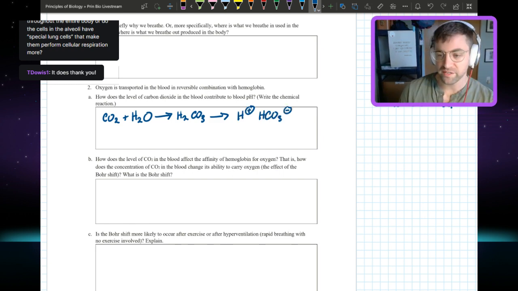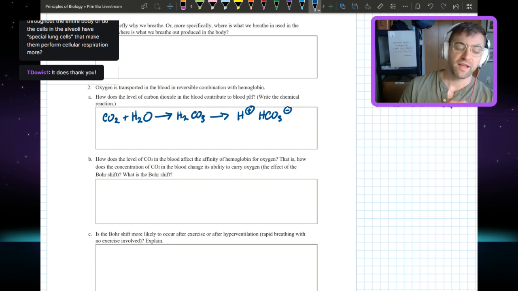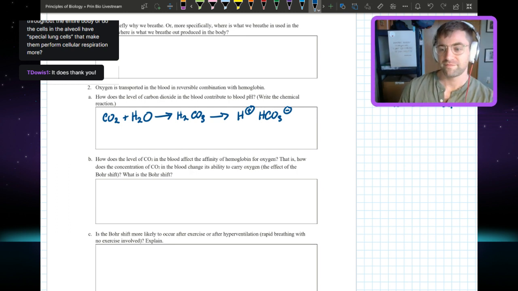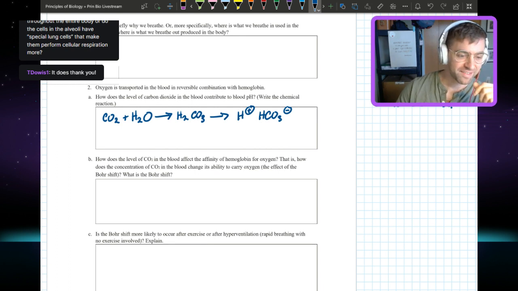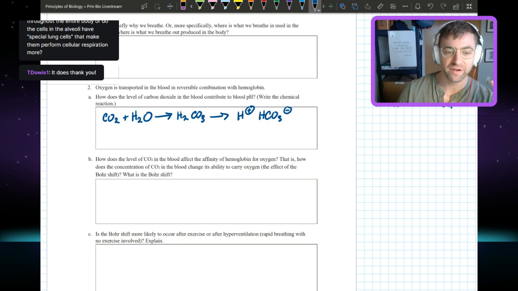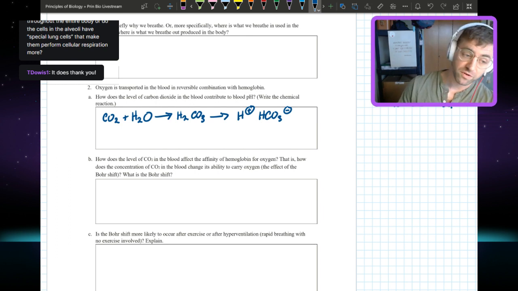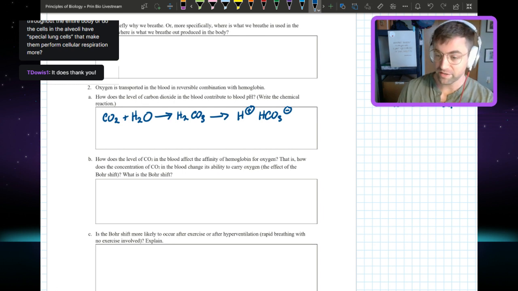Those free protons in solution increase the acidity of the solution, bring down the pH, and it's bad for proteins, is all I can say. So in other words, the higher the carbon dioxide concentration in the blood, the higher the available hydrogen ion concentration in the blood, which makes it very, very acidic. This is also the reason that carbonated beverages are more acidic than non-carbonated ones.